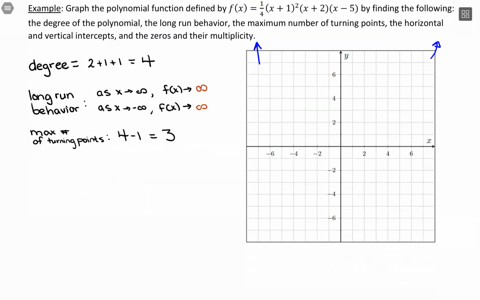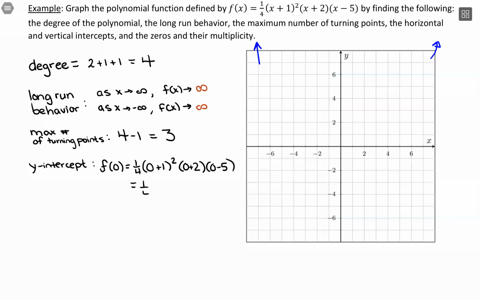Horizontal and vertical intercept. Horizontal intercept is the same thing as saying x-intercept. In fact, sorry, let's just do the vertical intercept real quick, which is the y-intercept, because for that we're just plugging in 0. So we're looking at f of 0, which is 1/4 times 0 plus 1 squared times 0 plus 2 times 0 minus 5.